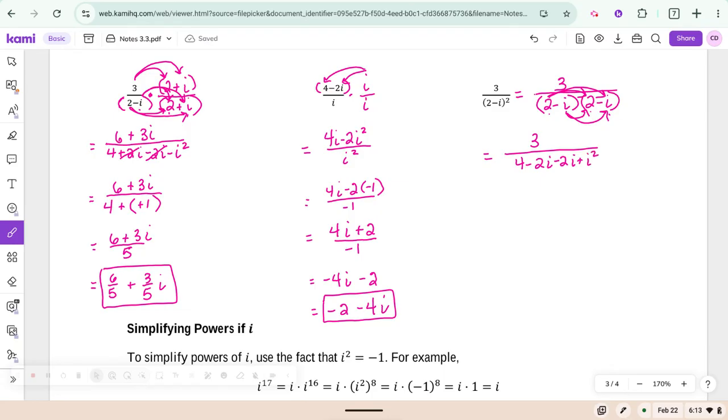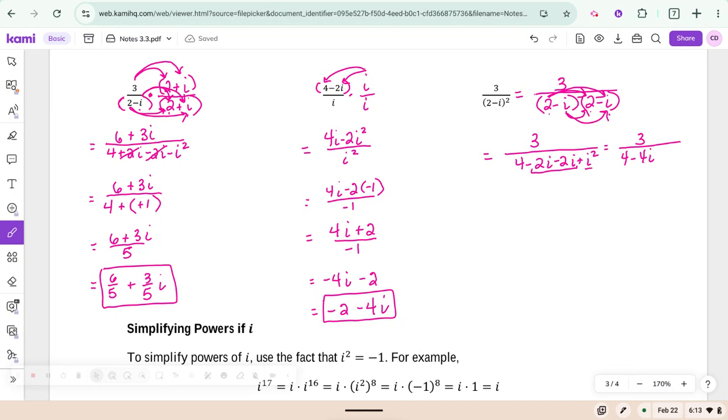Now notice I have not multiplied by a conjugate yet. I am just trying to simplify this a bit. And then I'm sure I'm going to be multiplying by a conjugate very soon. So I have a 4. This time my minus 2i and my minus 2i are going to combine to be minus 4i.